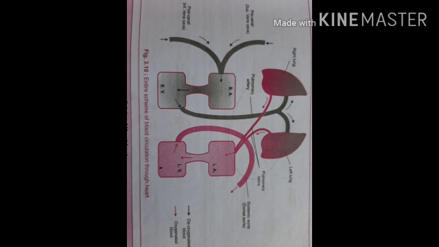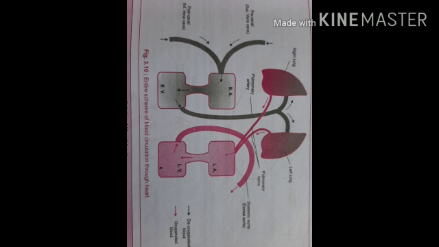So when the left atrium or auricle receives the blood from the lungs through the pulmonary vein, it pours this blood to the left ventricle through the bicuspid valve, and then it closes. When it closes, the backflow of the blood is stopped.